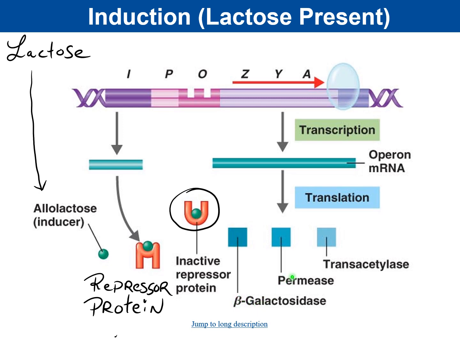The permease, if you guys recall from the ONPG experiment in laboratory, is a protein product that allows for lactose to be transported into the cells. And transacetylase also seems to aid somehow in lactose digestion, although the function of transacetylase has been debated quite a bit.